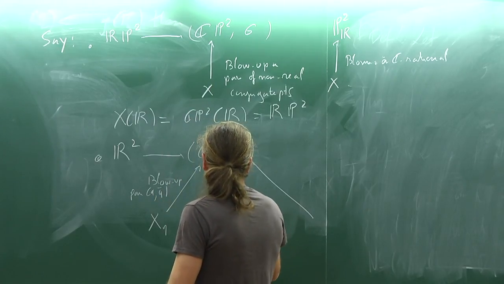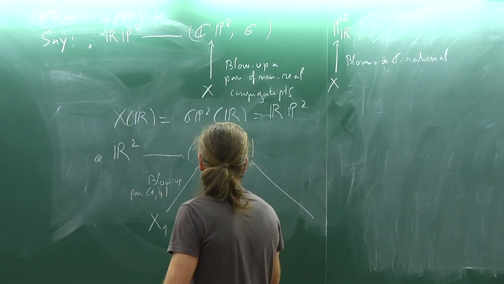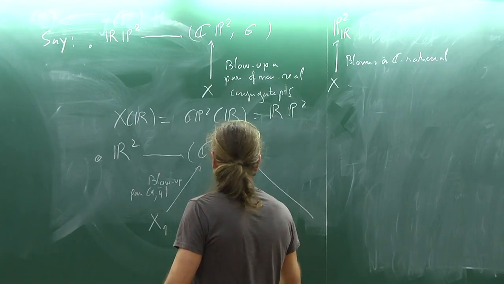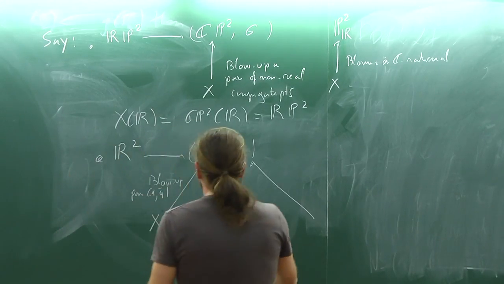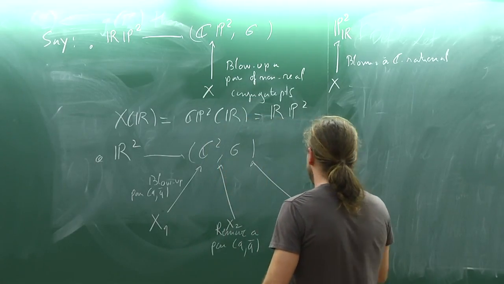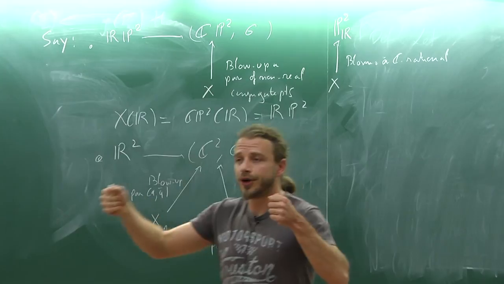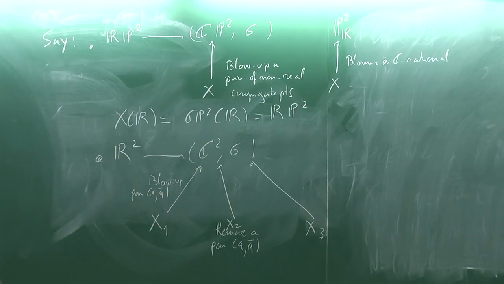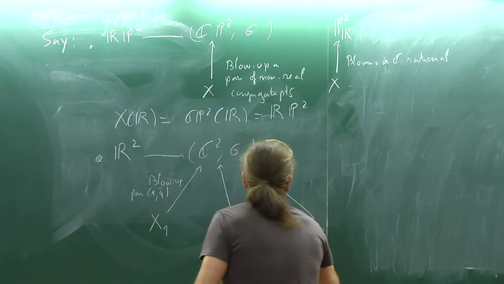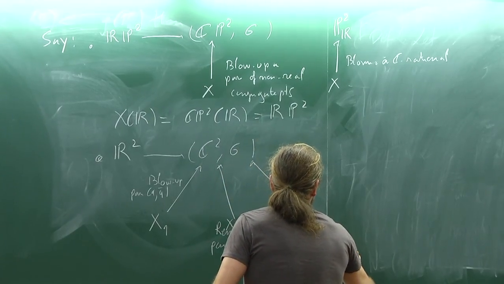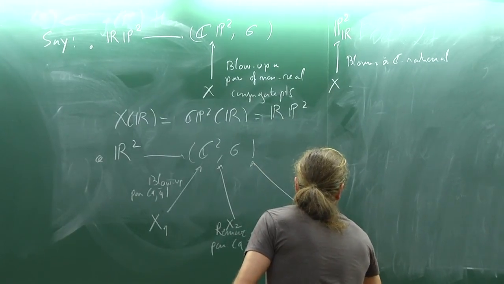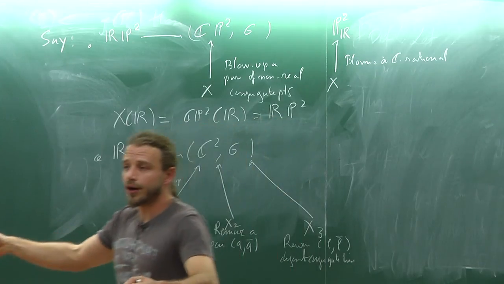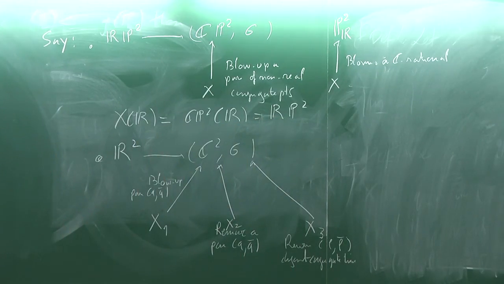Or I could just remove a pair Q, Q bar. Well, I'm removing a pair of complex conjugate points, so I'm not changing the real locus, right? Or I could, so this would give me some X2, and then I could just remove a pair of disjoint complex conjugate lines. For instance, remove L, L bar, disjoint conjugate lines. Well, so I'm removing two lines of complex conjugate points. I'm not changing the real locus.